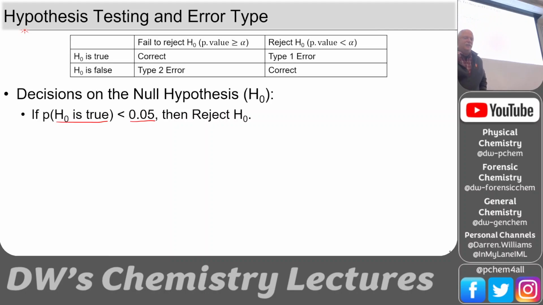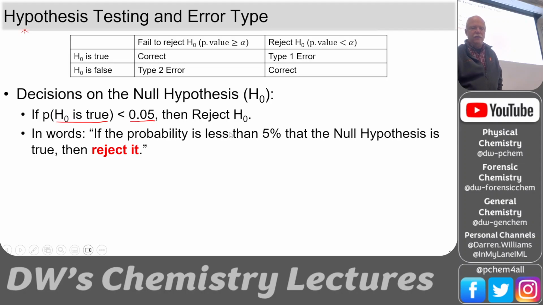If it's 5% possible that the data point's not an outlier, we're going to keep it. So there needs to be less than 5% chance that it's not an outlier. So if the probability is less than 5% that the null hypothesis is true, then we reject it.